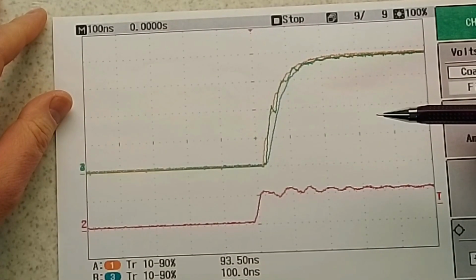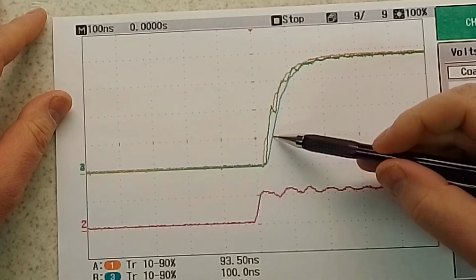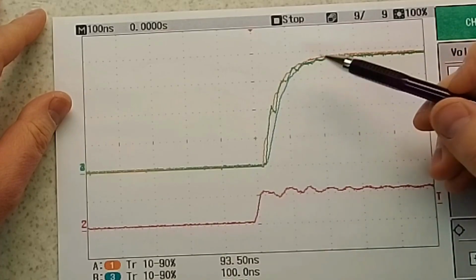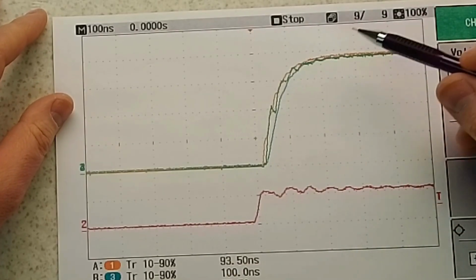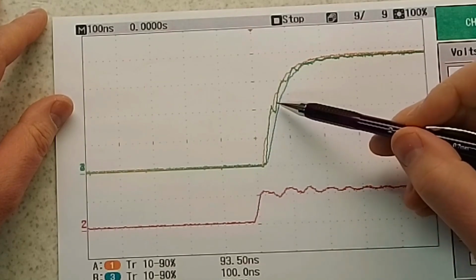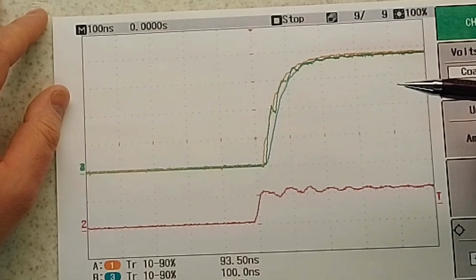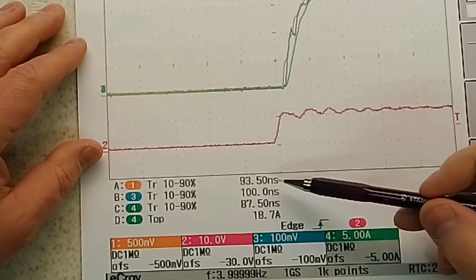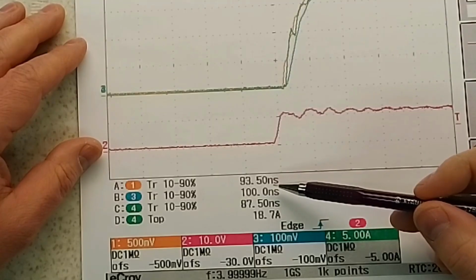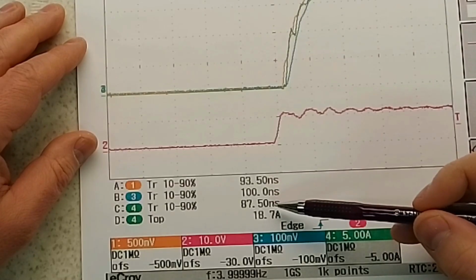This is rise time of Rogowski coil, blue line, and yellow is fast shunt and green is current transformer. We can read here rise time is about 100 nanoseconds each.